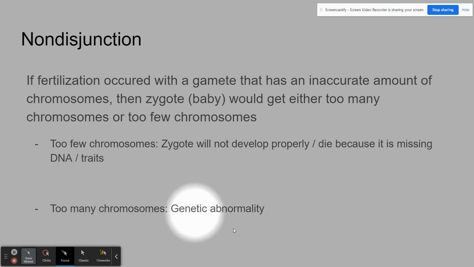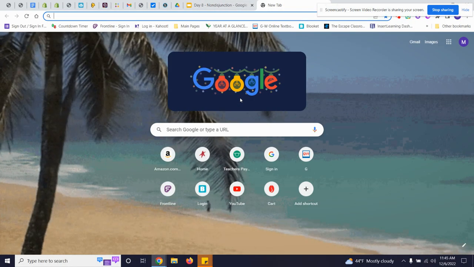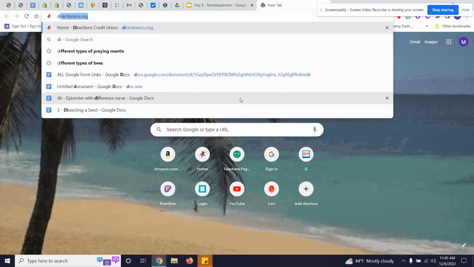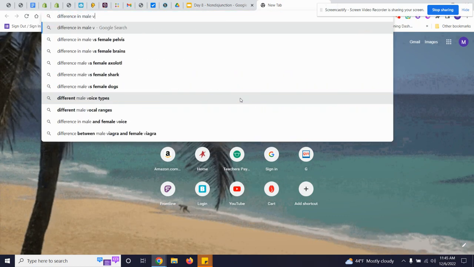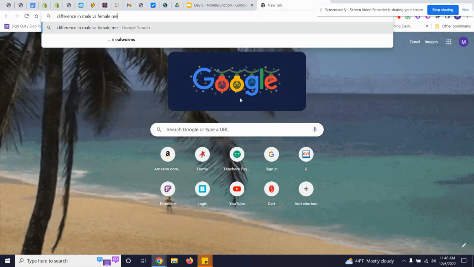One, you guys are going to try to figure out what type of genetic abnormality a person has because of the non-disjunction that happened. Before I show you that, though, I want to show you something else. Or just remind you, because I should have talked about this before already.